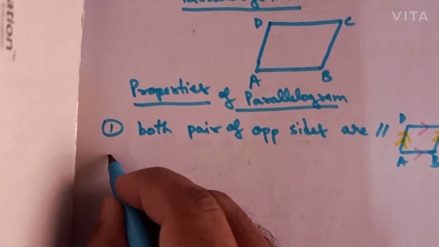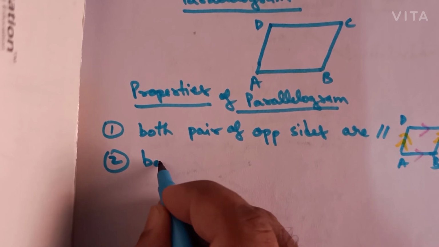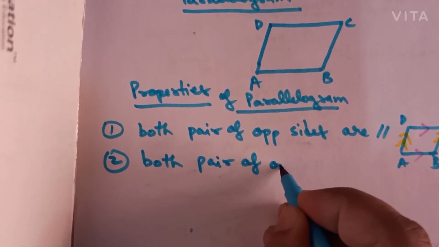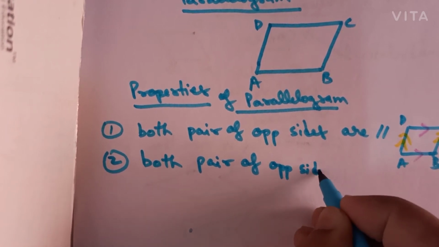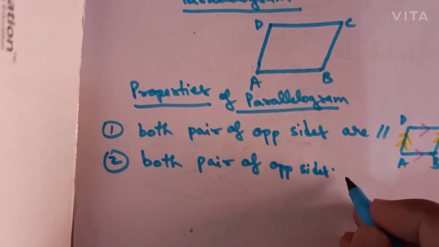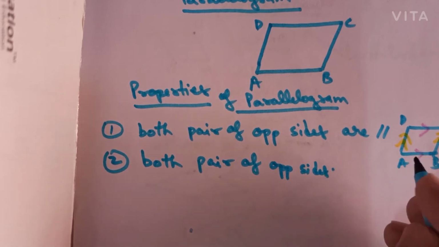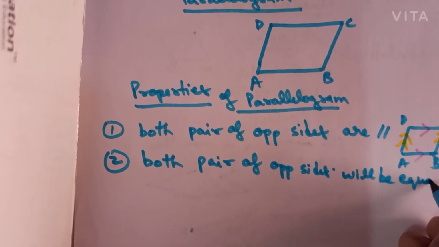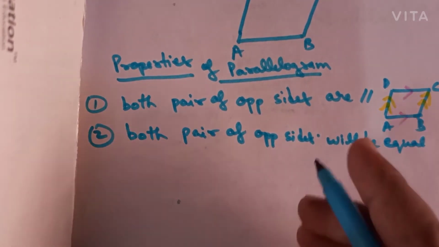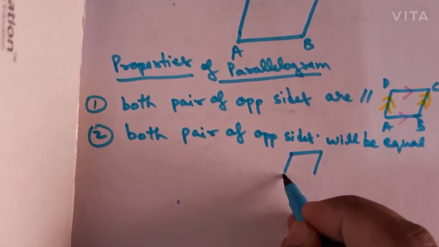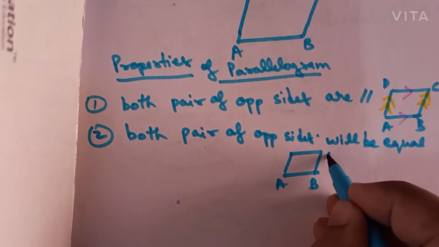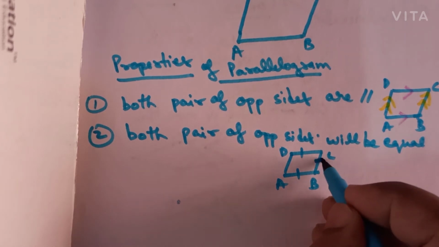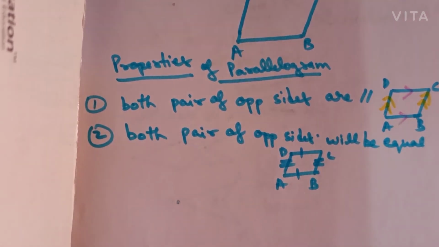Second property is if both pairs of opposite sides will be equal also. That means if we are having a quadrilateral ABCD, then AB will be equal to CD and BC will be equal to AD.